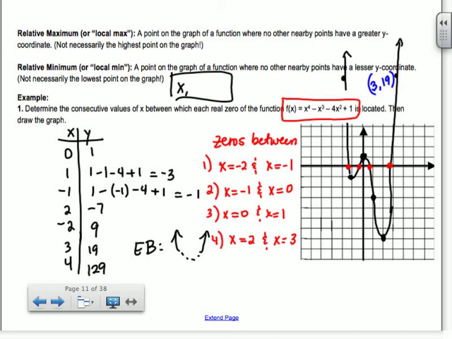So it's a button that looks like this. So you're going to use the caret, raised to the fourth, minus 3x raised to the third, minus 4x raised to the second, plus 1.